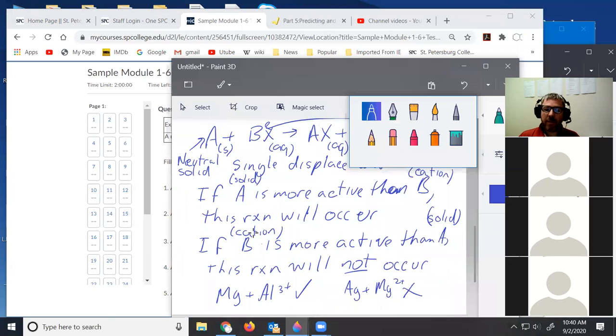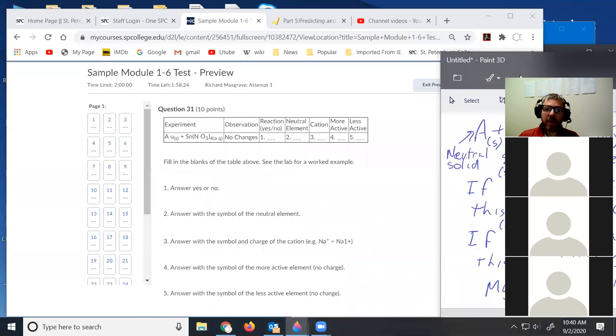So remember that this business here, if A solid is more active than B cation, this reaction will occur. And if the reaction doesn't occur, it means that the cation is more active than the solid. So that's going to be the premise that we're acting on here. And this observation could be no changes for no reaction or anything else. Anything else will give a reaction here.